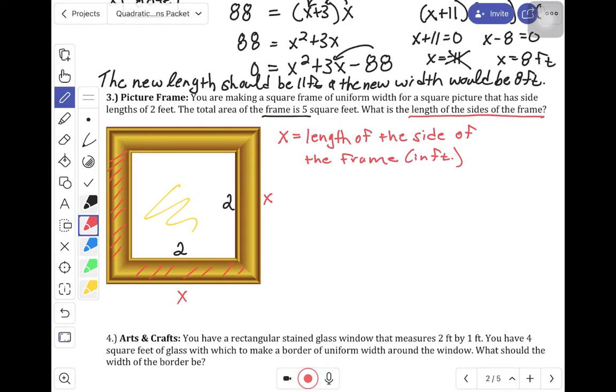What I'm going to go ahead and notice is that the total area of the frame is made of 2 pieces. We could say that the area of the frame itself can be found by taking the area of the picture and the frame and just subtracting the area of the picture itself.